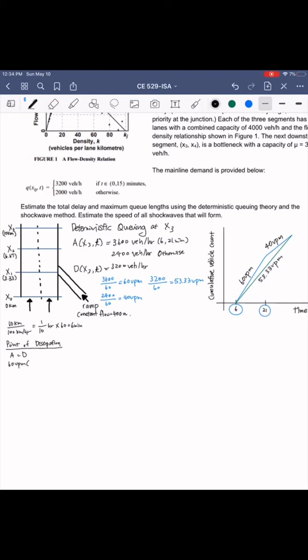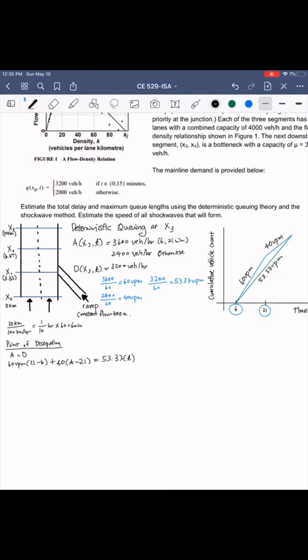So it's from 6 to 21. Let me write down 21 minus 6, plus then it's 40. The rate is 40 vehicles per minute, which is the point of dissipation, minus 21, equal to departure rate times t. Oh wait, not departure rate, it's 53.33 times t.